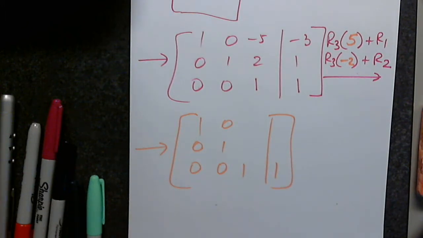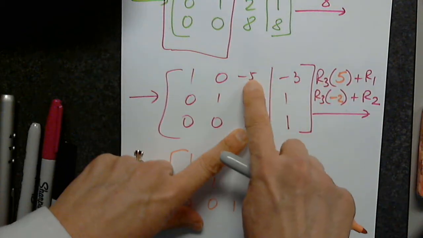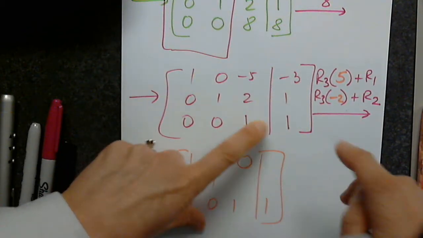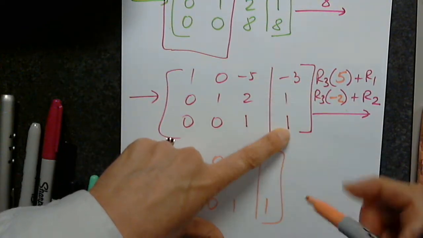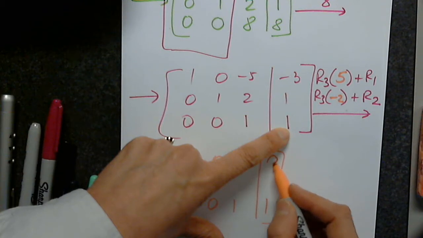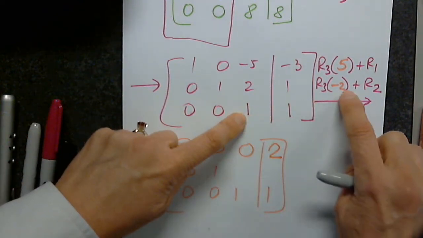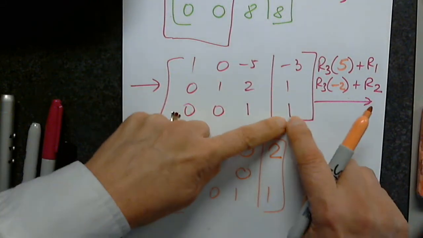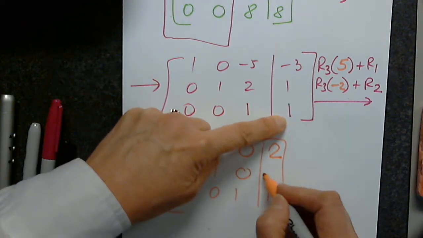Ready? 1 times 5 minus 5. 1 times 5 minus 3. Very good. 1 times -2 plus 2. 1 times -2 plus 1. That's it.